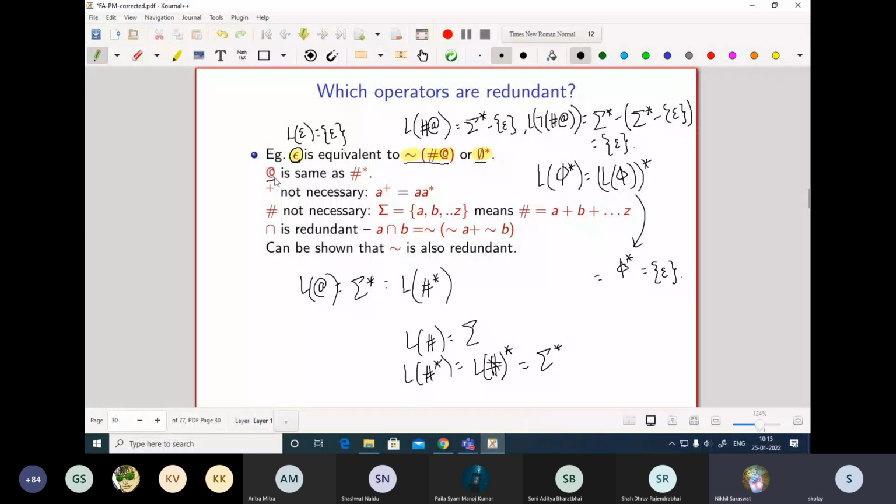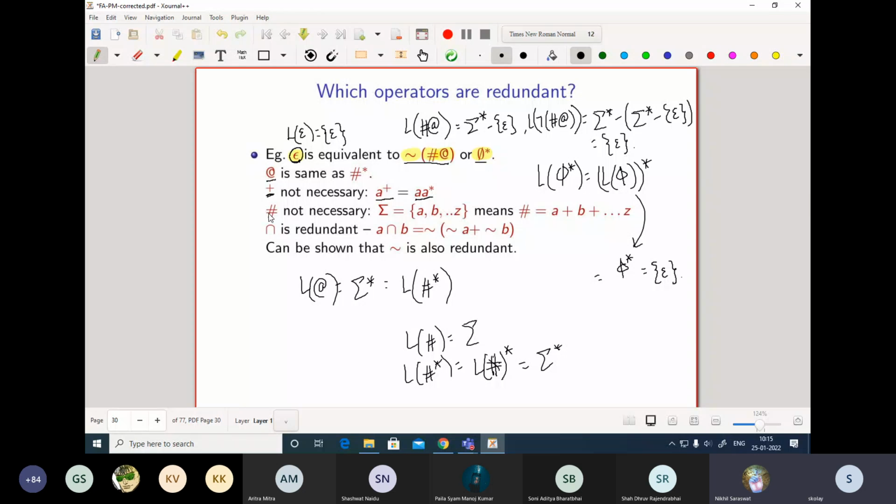Okay, so again at is redundant. Similarly, the unary plus operator: if you write a plus as a pattern, this is equivalent to a concatenated with a star. So the unary plus operator is also redundant.